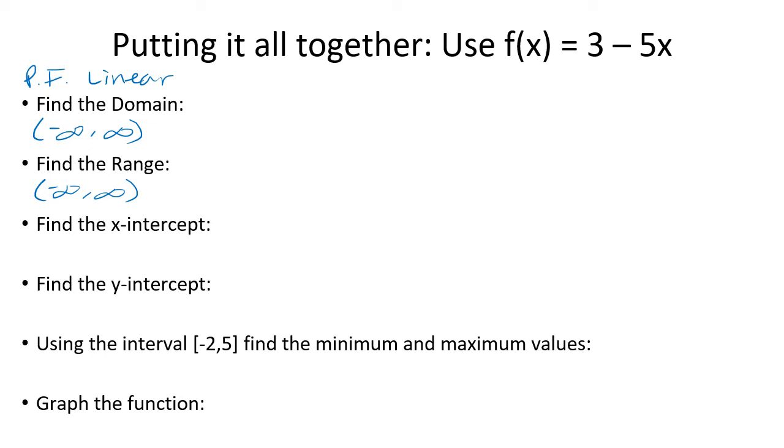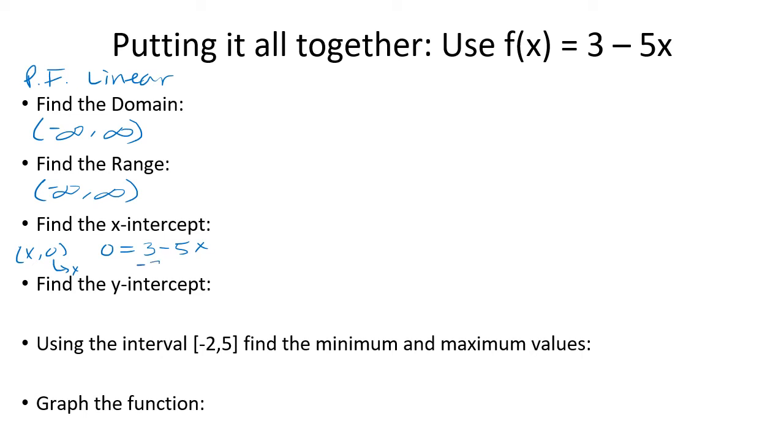Now, finding the x-intercept. X-intercept means that you're looking for x, 0. So that means your y is 0. So I have to plug in 0 for y. So we have 0 equals 3 minus 5x. And we're going to solve for x.